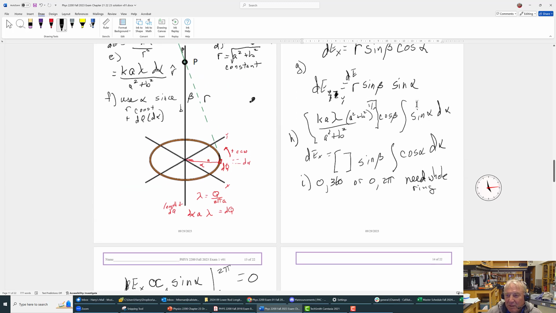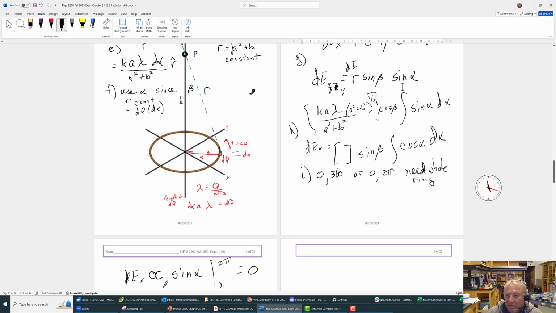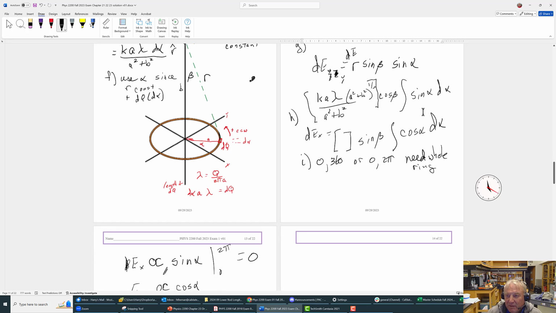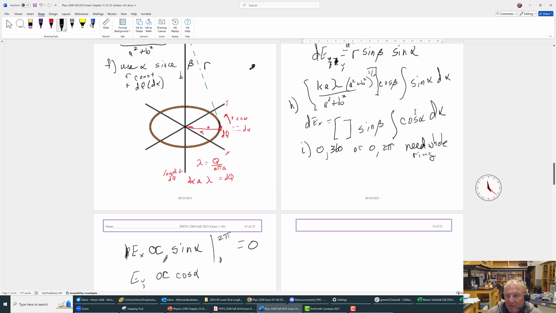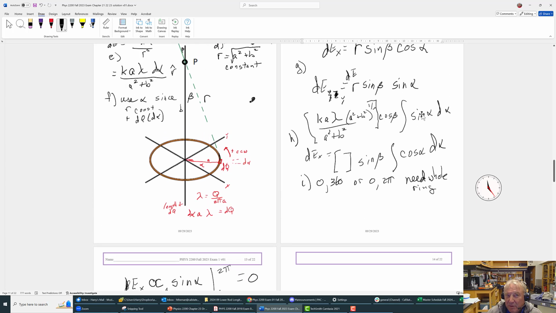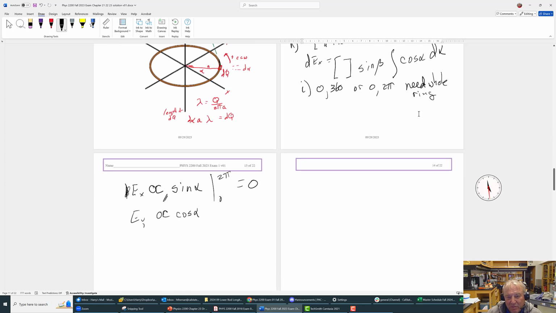We integrate sine of alpha, then that's got to be negative cos, because when you take the derivative of cos, you get negative sine. Okay. So, of course, once again, this equals 0.